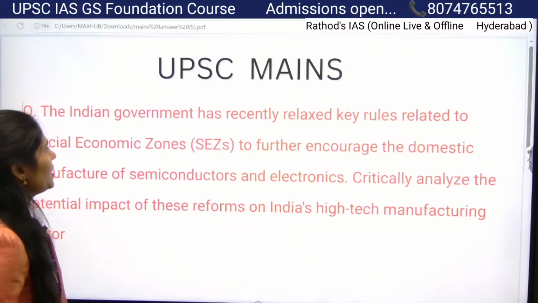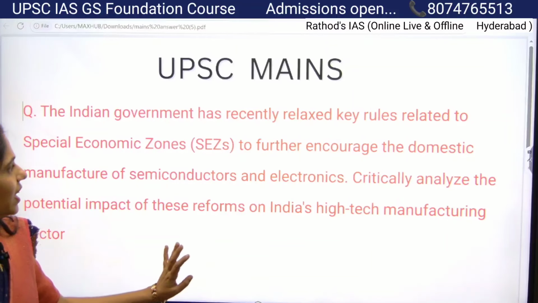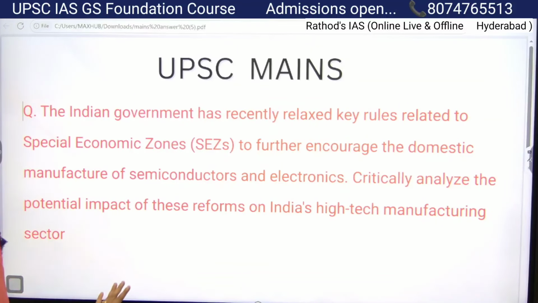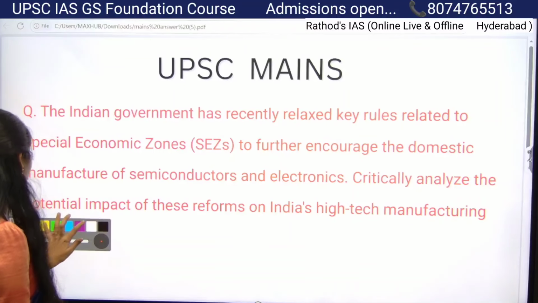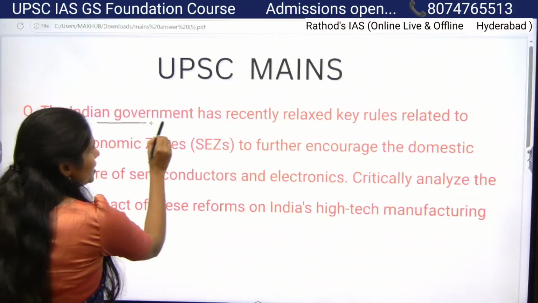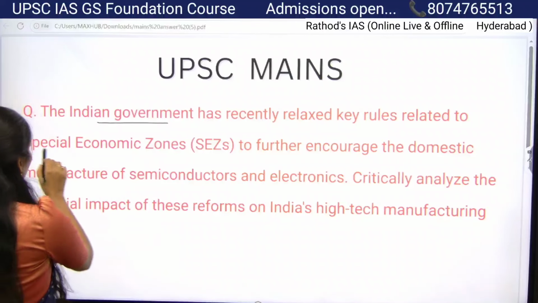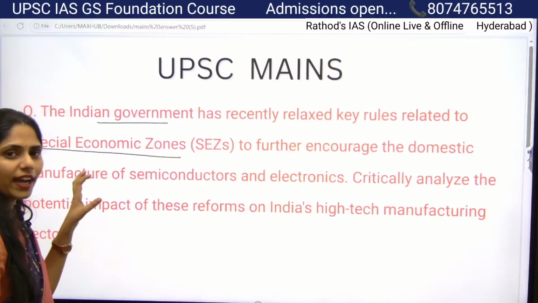The Indian government has recently relaxed key rules related to special economic zones to further encourage the domestic manufacture of semiconductor and electronics. So they gave one statement. What is that statement? Our government relaxed certain rules related to special economic zones, and why are these rules relaxed?